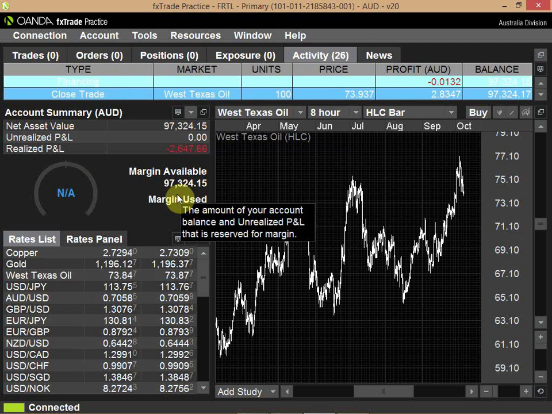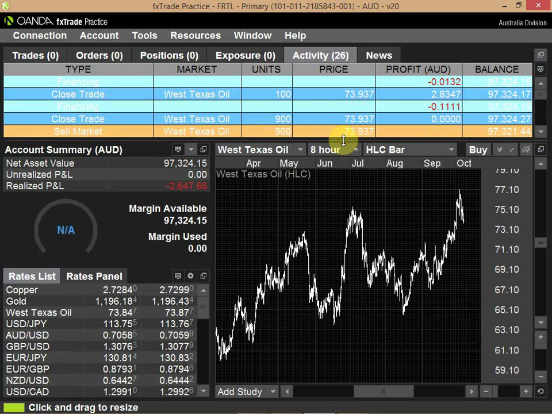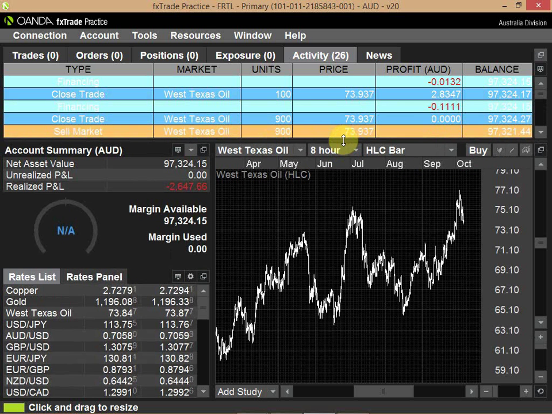CFD, contract for difference. You can read about them on the Oanda website. They are a particular type of financial instrument, just like futures contracts, swaps or forwards.